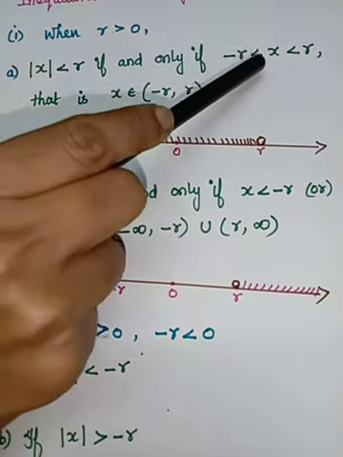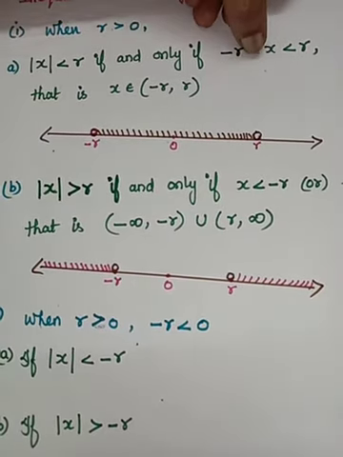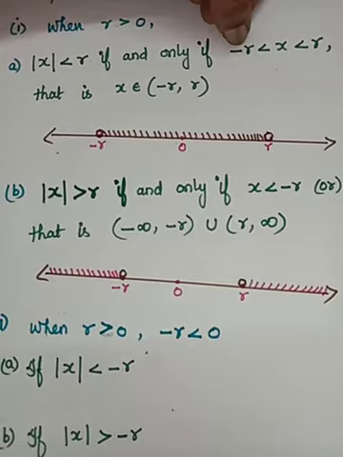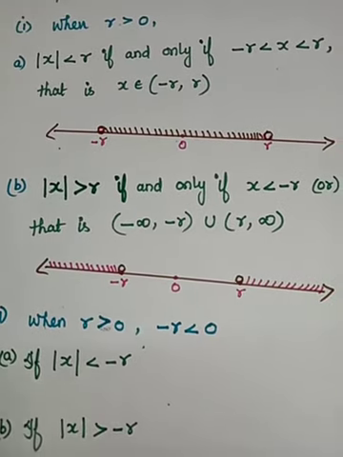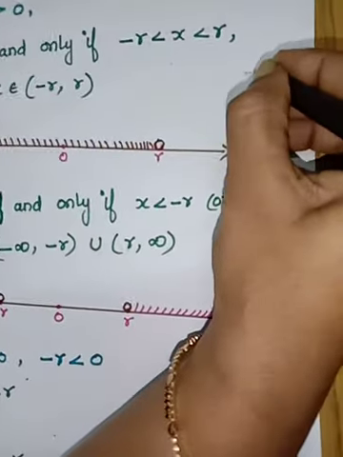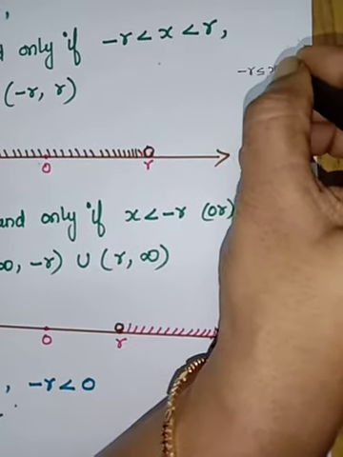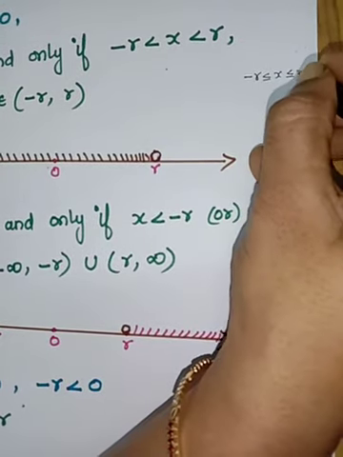See now, here if you have an equal symbol, it means the minus r is involved. For example, minus r less than or equal to x, less than or equal to r.